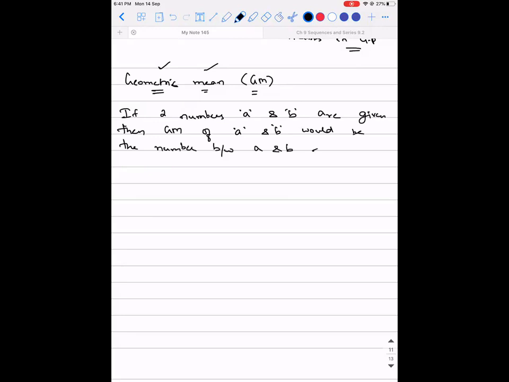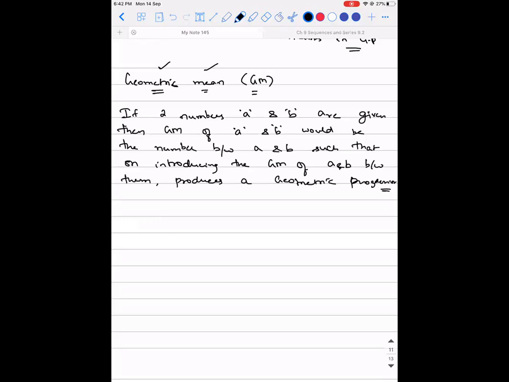Between A and B, such that on introducing the geometric mean of A and B between them produces a geometric progression.